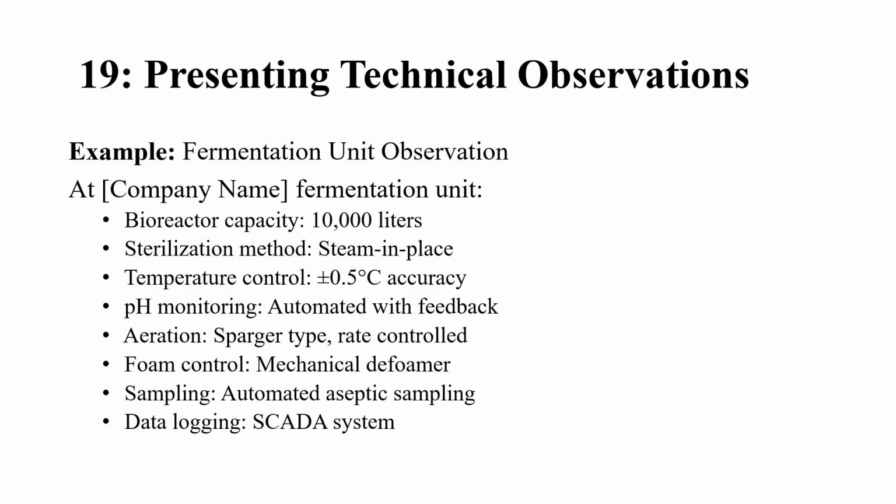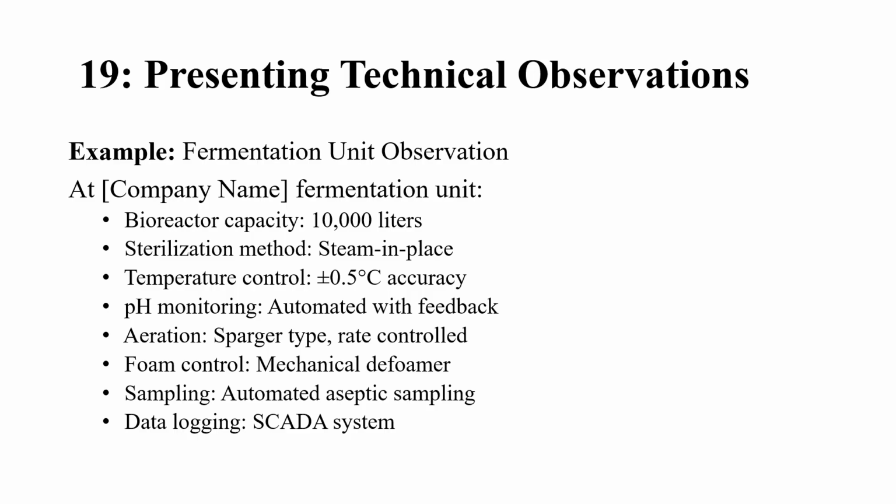For example, here, you're visiting a fermentation unit at some company. You get to see the bioreactor. So you need to be extremely vigilant to note down what would be the potential capacity of that bioreactor, what kind of sterilization methods they are using, then other factors like how the temperature, pH, aeration, foam, and sampling are being controlled, and what is the method of data logging.